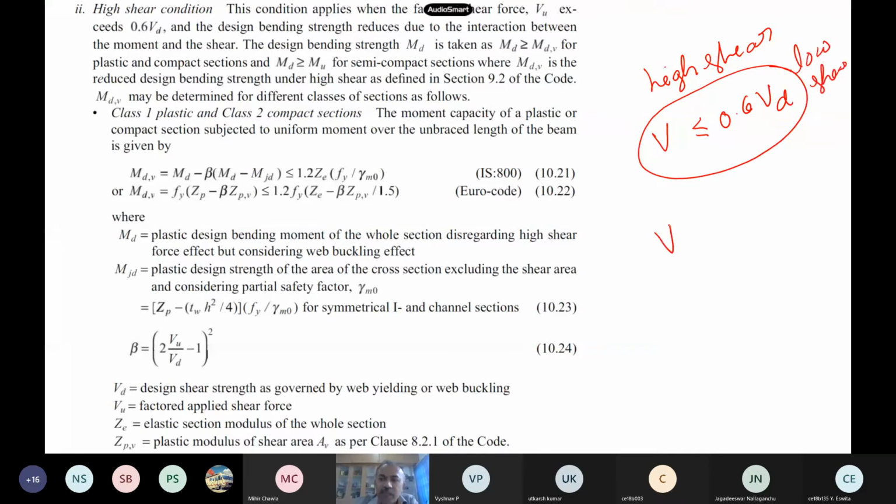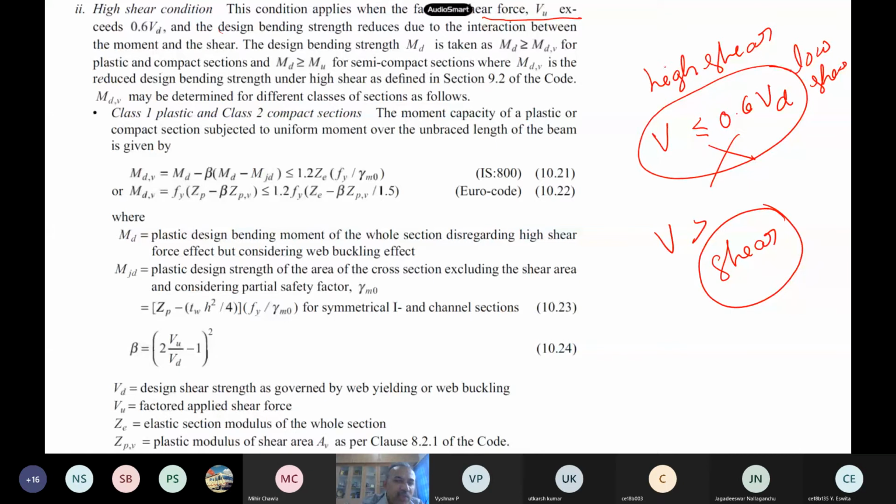High shear means if the applied shear force doesn't satisfy this criteria, if V is more than 0.6 times Vd, then we call this the high shear case. So now your bending strength has to be reduced still further, because shear also comes into the picture. So your shear also influences your bending capacity.